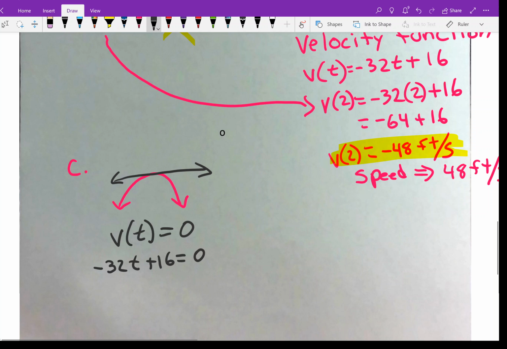When I set this velocity function equal to 0, which is my first derivative, it gives you the horizontal tangent line. So I start doing some math here. I subtract 16 from both sides. I end up with negative 32t. I divide both sides by negative 32.